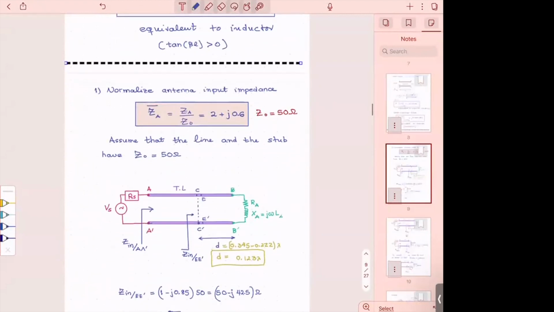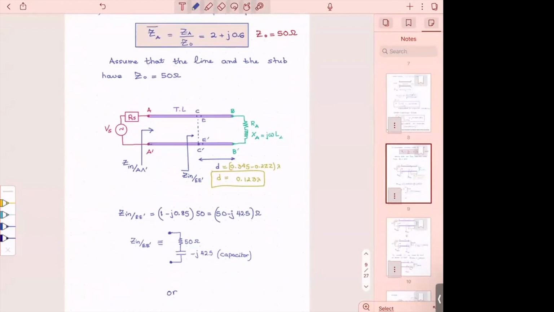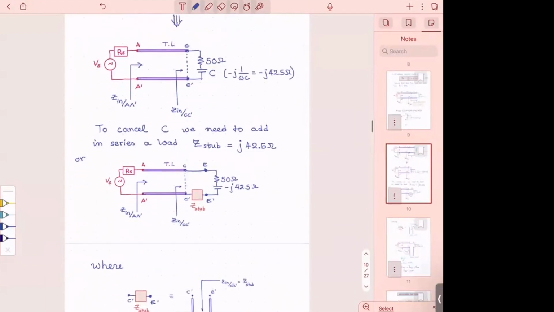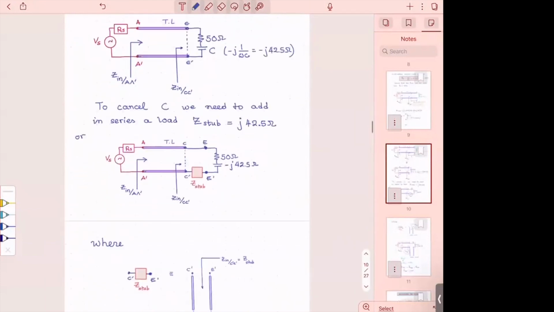So now that I have found myself here, I know what I can add here. I can add a short-circuited stub that's going to give me the equivalent of an inductance. All right. So here, I do all of these steps so you can see it.